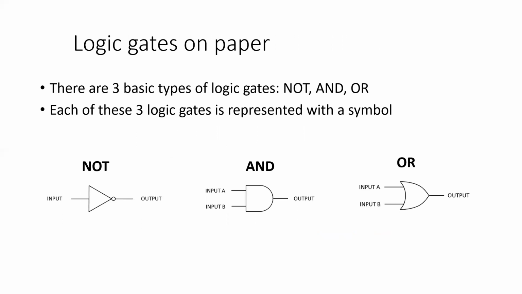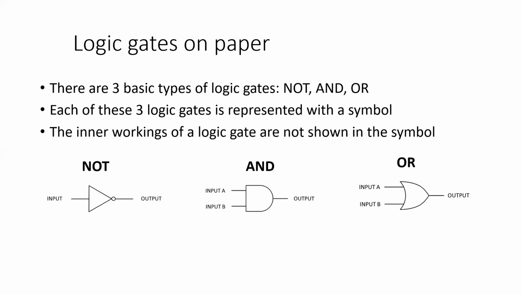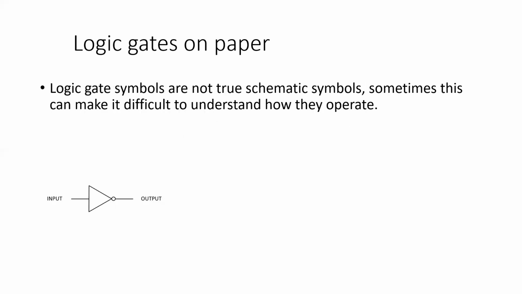Logic gates have symbols on paper, and there are three basic types of logic gates: NOT, AND, OR. Each of these logic gates has a unique symbol that represents it. The inner workings of a logic gate are not shown in the symbol, which can lead to a degree of confusion because this symbol down here, a NOT gate, looks pretty basic, but it's only representative of the logic function.